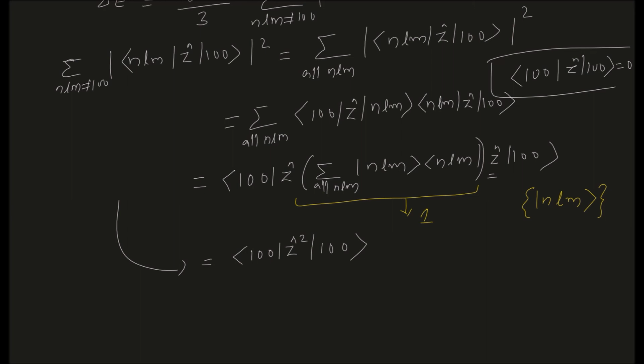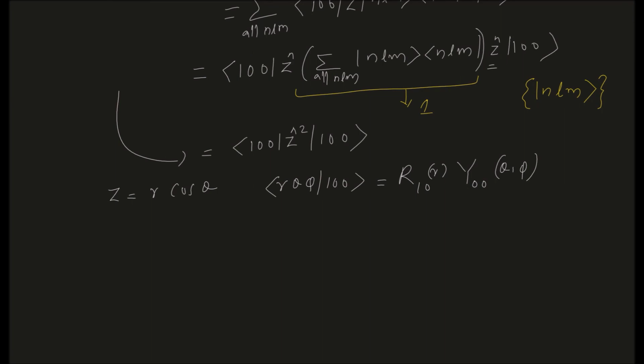Now if you make some substitutions, like let's change the coordinates from Cartesian to spherical polar coordinates, then you can write z is equal to r cos theta, and ψ100 of r, theta, phi is given by the product between the radial part R10 and the spherical harmonics. So here both L and M are 0, Y00 of theta, phi.